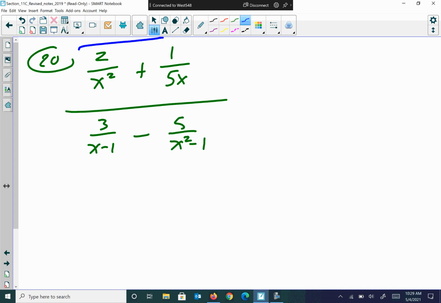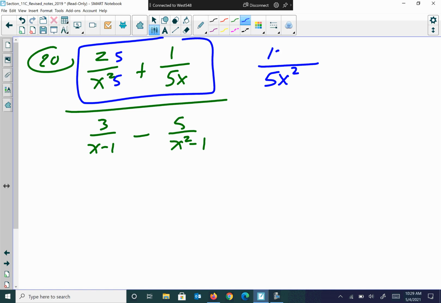So let's take care of this first. My common denominator will be 5x squared. So I'm going to multiply this by 5 and 5, so that gives me 10 on top there. I'm going to multiply this by x and x, so that gives me x. You might want to flip-flop that, not that it's wrong if it's 10 plus x, but just in case it factors. So that's the first part.